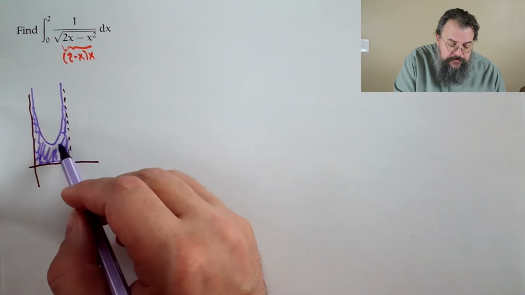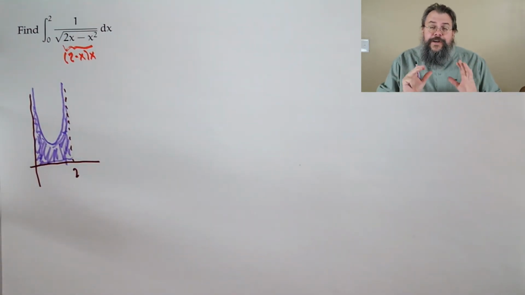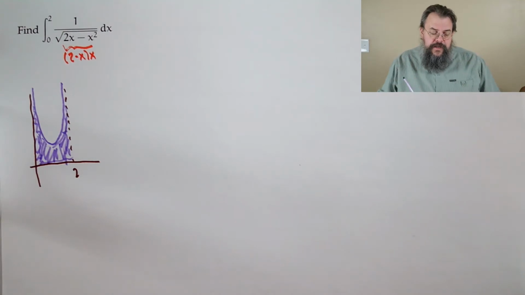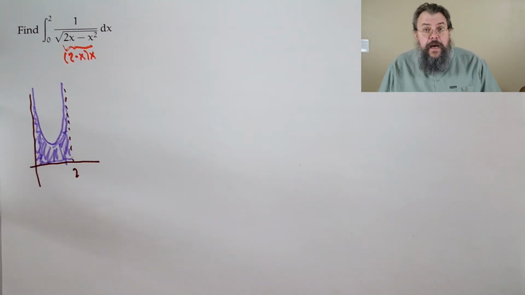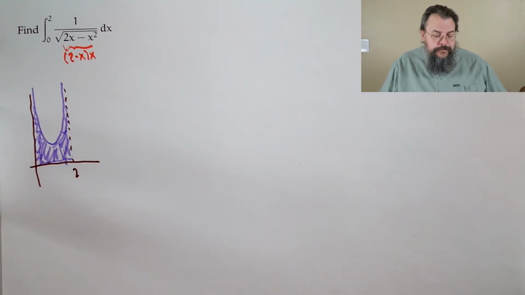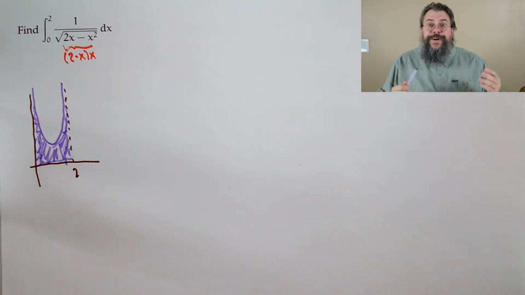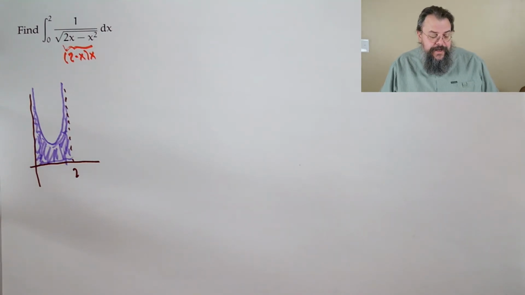All right, well, how to proceed? For right now, we're not going to worry about the improperness until we have to, if we have to at all. What's our technique? We see a square root, and we ask how we can proceed.